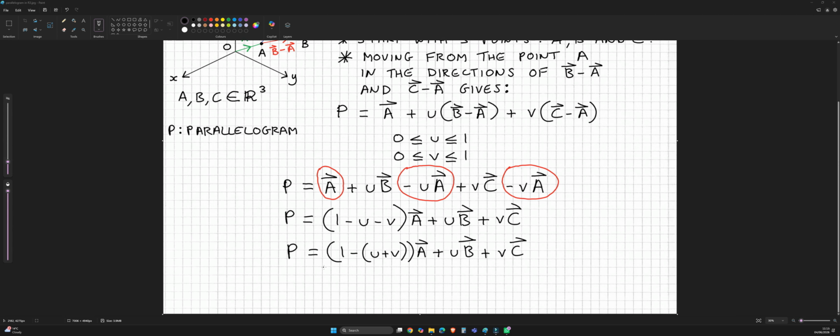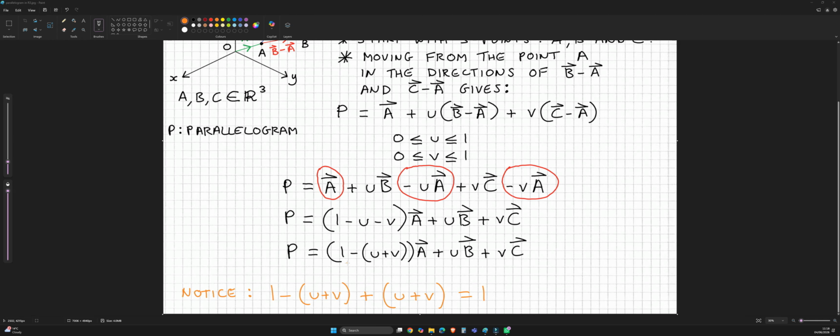If we simplify further, we get P is equal to 1 minus (u plus v) times the vector A plus u times the vector B plus v times the vector C. Now notice this, which is very interesting.